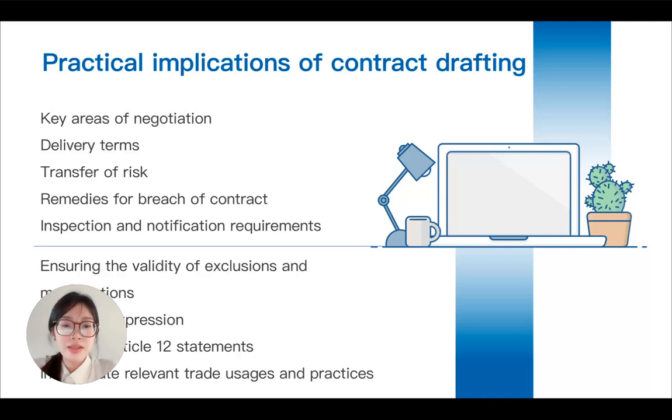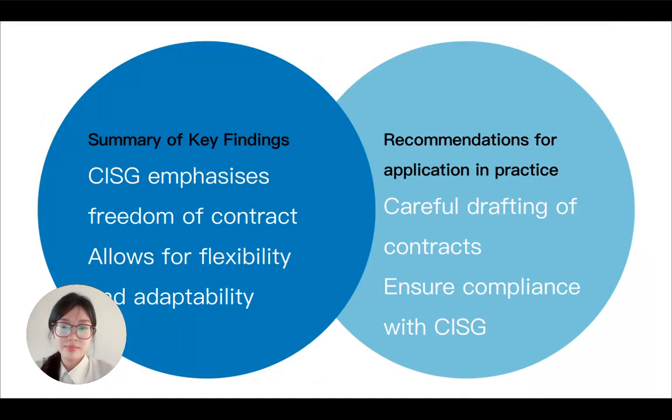Valid exclusion and modification. To ensure that any exclusion or modification of the CISG is valid and enforceable, parties should explicitly state any exclusions or modifications clearly, and address any exclusions or variations in the contract.